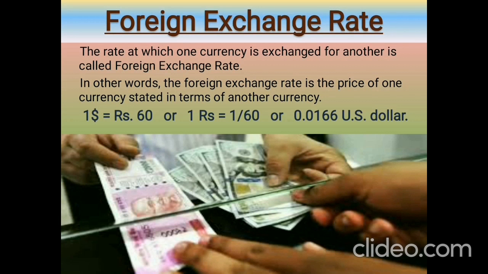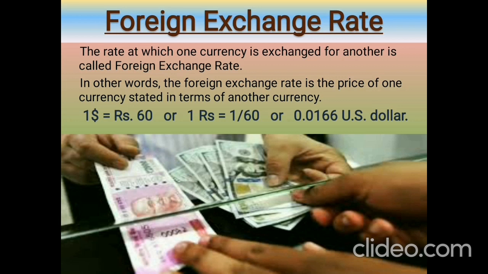The rate at which you purchase US dollars from the market and bank is called the foreign exchange rate, or the rate at which one currency is exchanged for another is called the foreign exchange rate. In other words, the foreign exchange rate is the price of one currency stated in terms of another currency. As we can see in the picture, suppose 1 USD is rupee 60.